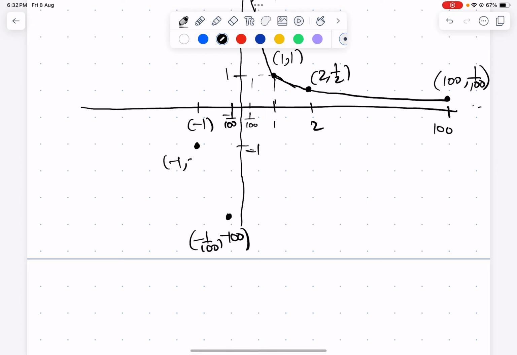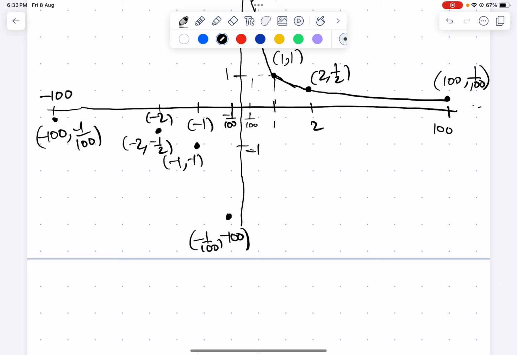So -1 comma -1 is a point. At input -2, it will output -half. At some very large negative input, like -100, it will output a very small negative number, -1 by 100, which is some point here.